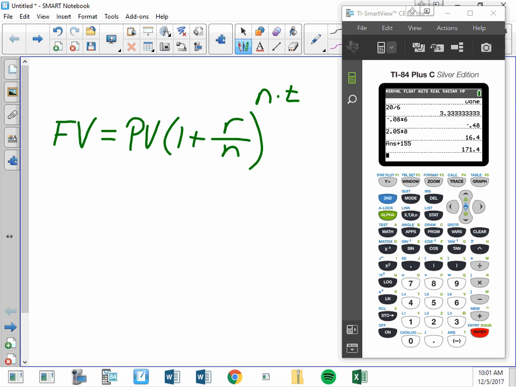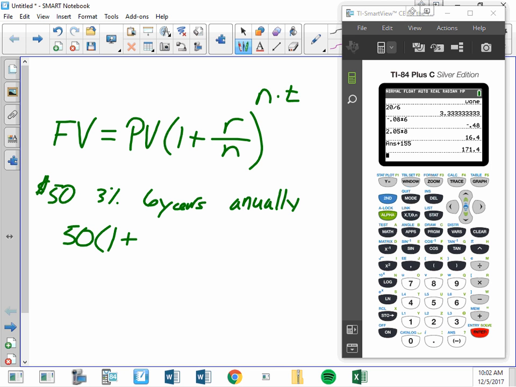So if I started with $50 and I was increasing at 3% for 6 years, and I'm doing it annually, then that would be 50 times 1 plus 0.03 over 1 raised to the 1 times 6, which is 6.